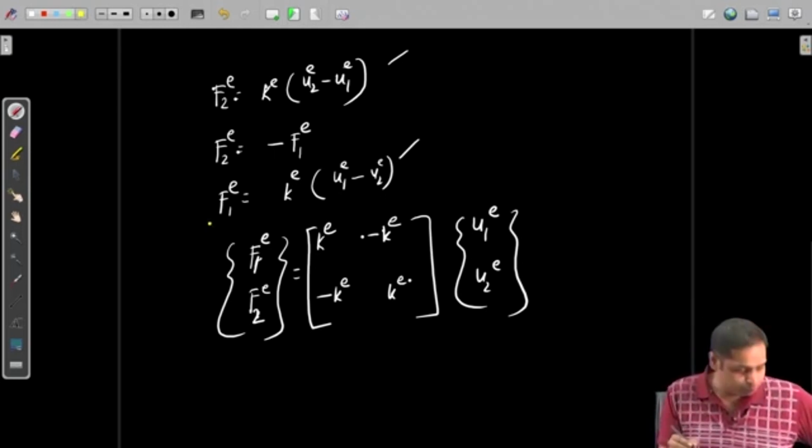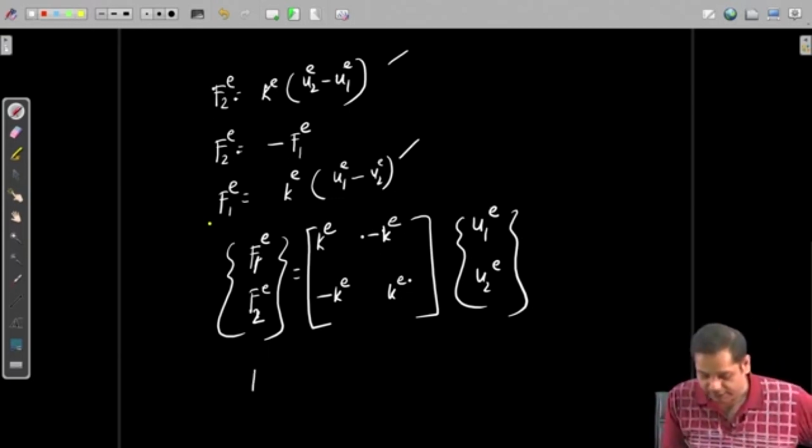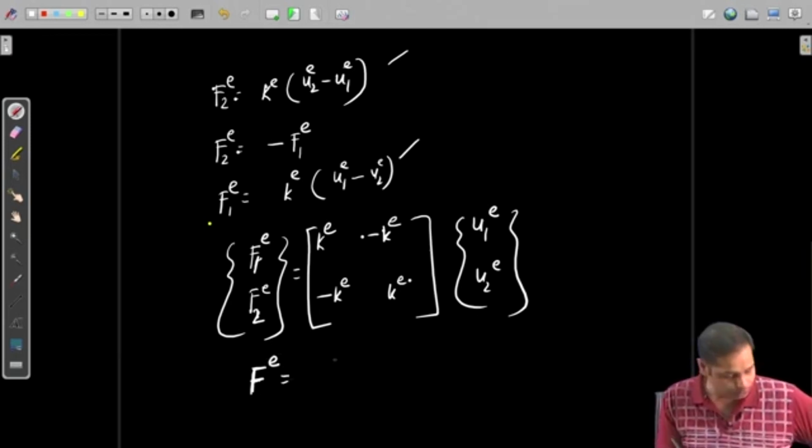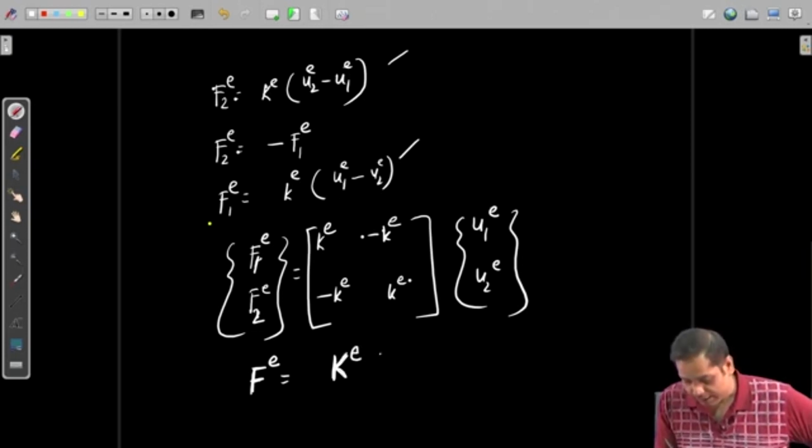So this can also be expressed as Fe is equal to Ke Ue, where Ke is the stiffness of this element and Ue is the displacement vector.